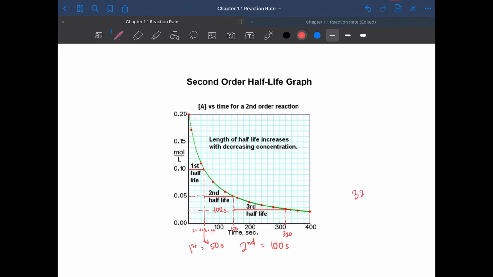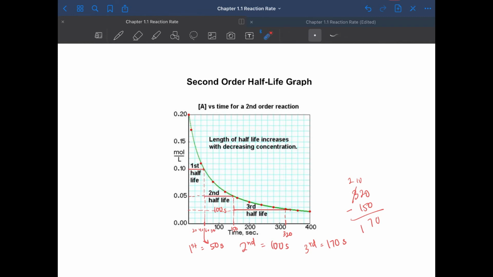Okay, so 320 tolak dengan 150. So jarak dia around 170. Okay, so third half-life equal to 170 second. Okay, so betul lah tally dengan teori tadi.